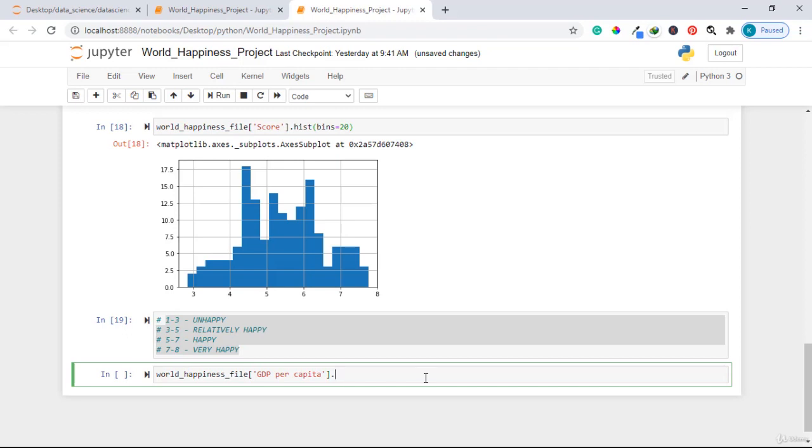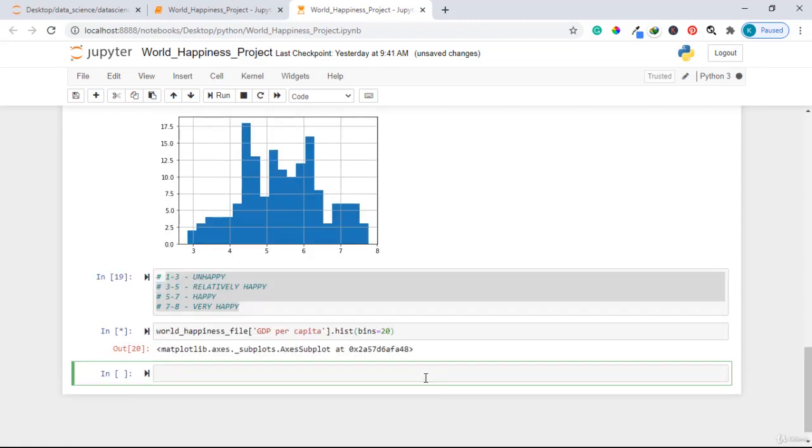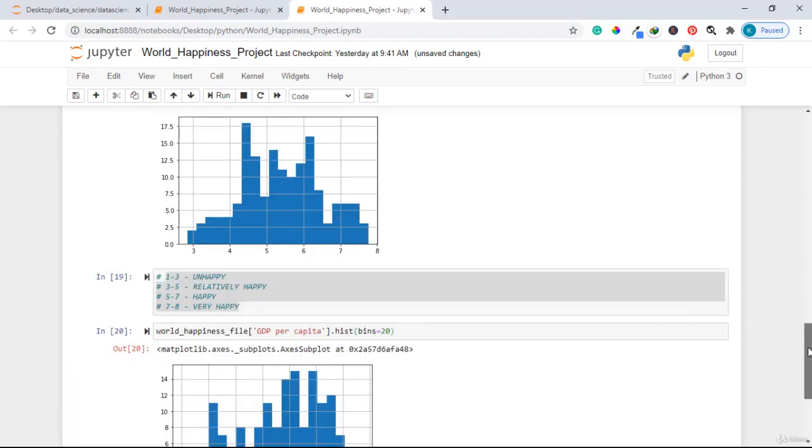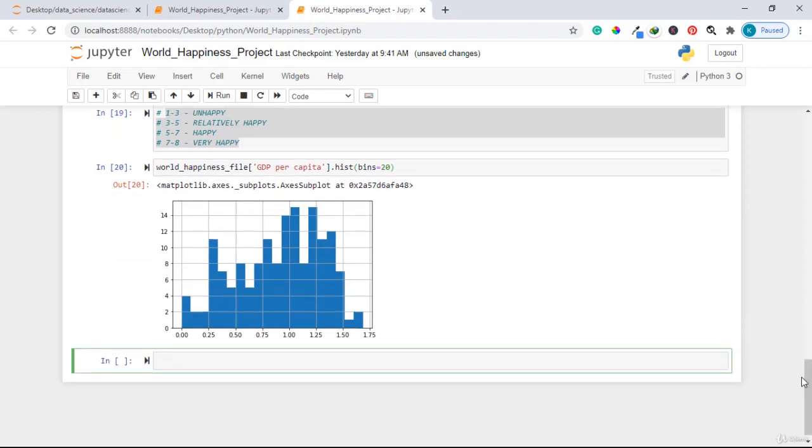Then this is our hist. Inside here I'll just pass bins and then 20. If you run this code, you can see we have the histogram for GDP per capita.